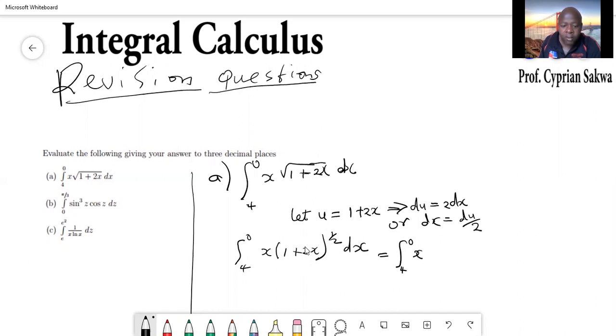Instead of 1 plus 2x, we call it u, so it will be u raised to a half. But our dx here is du over 2. Now doing this will give us the integral from 4 to 0.